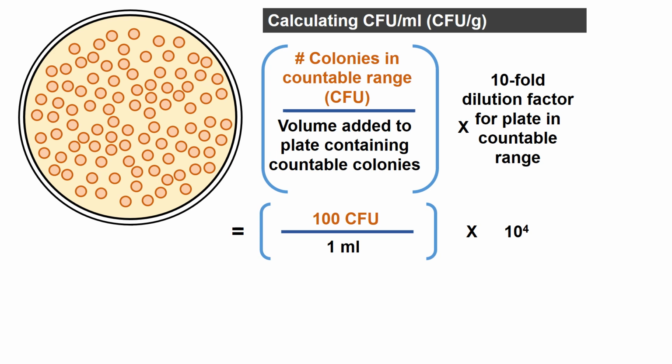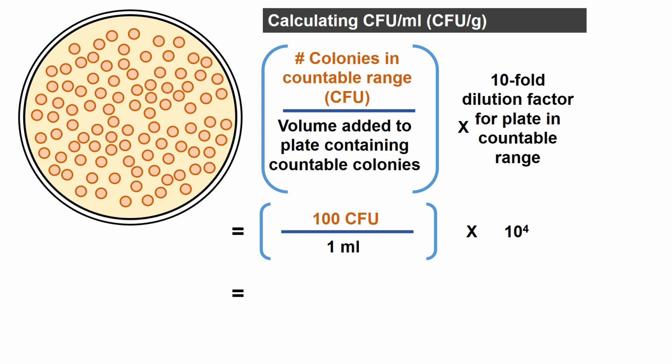But not times the number, times the factors of 10 that we did. And in this case, that was 4, 10 to the 4th. So does this give us the concentration in the tube, which we're pretending we don't know, but we do know is 1 times 10 to the 6th CFU per gram or per mil?